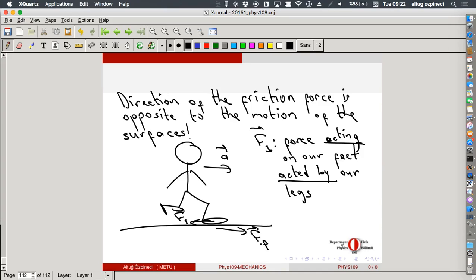Well, you see, the thing is, is there a relative motion between these surfaces that's creating the friction force? The friction force is created due to the surface of the earth and the bottom of our feet. Are they in relative motion? No. Since they are not in relative motion, the friction force here is the static friction force.